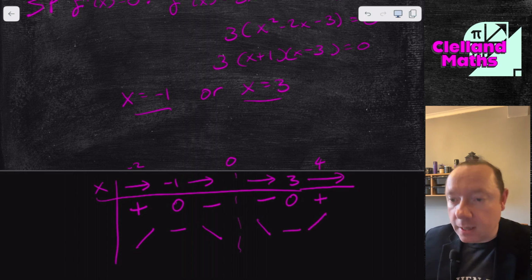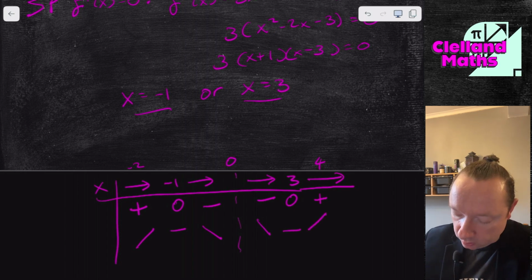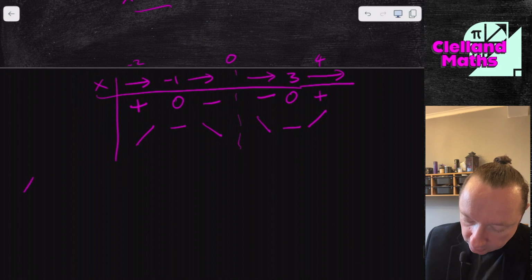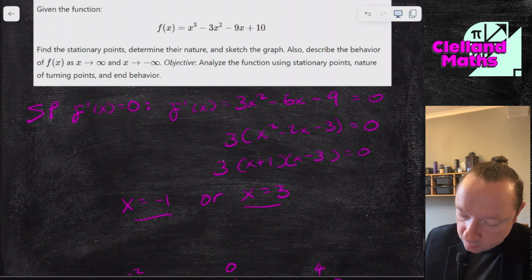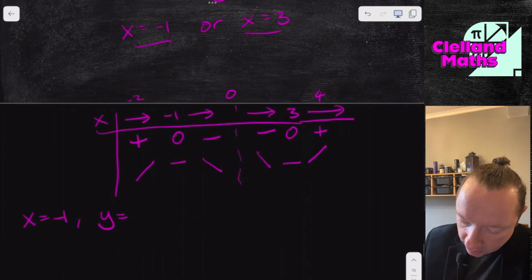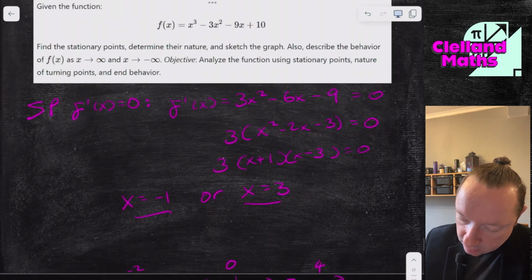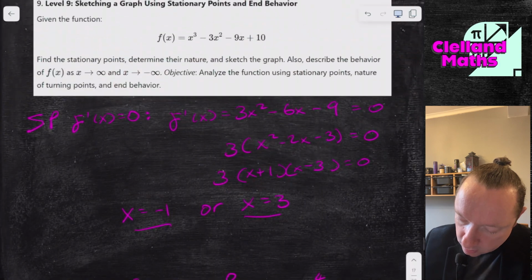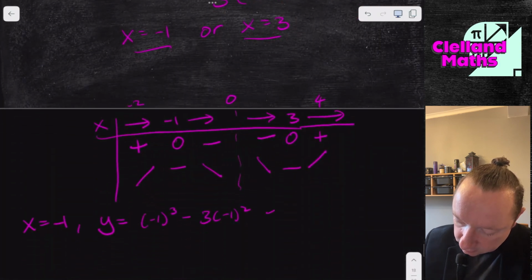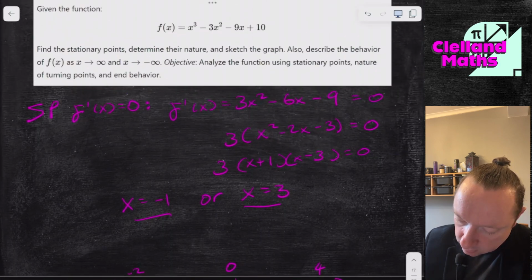So then we need to know the coordinates of those turning points. At x equals minus 1, y equals f of x, so we've got x cubed minus 3x squared minus 9x plus 10.